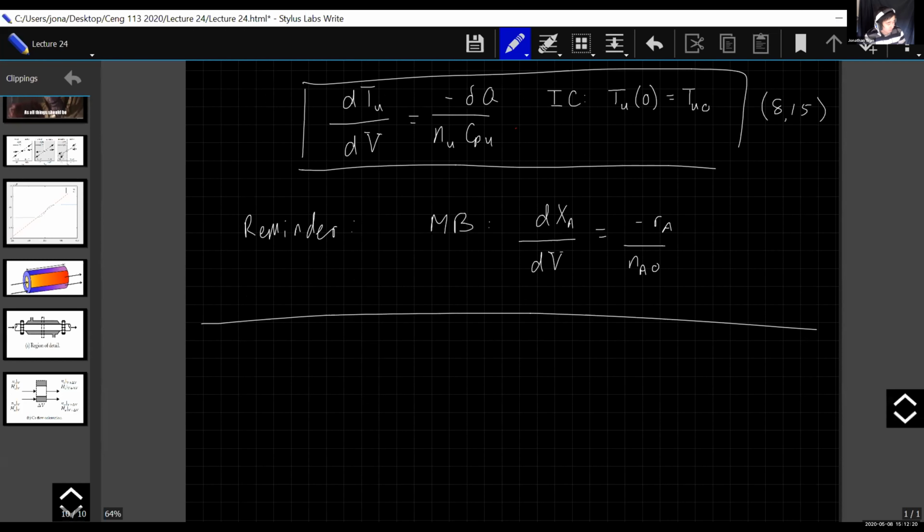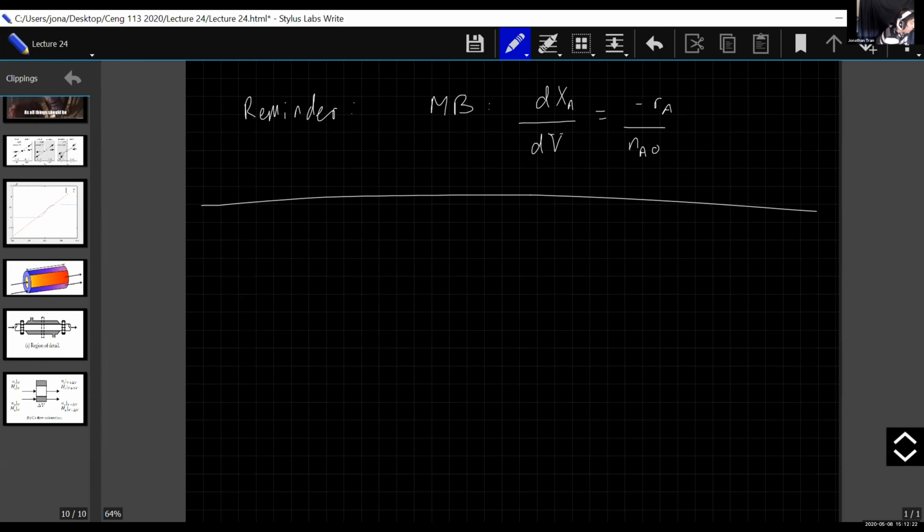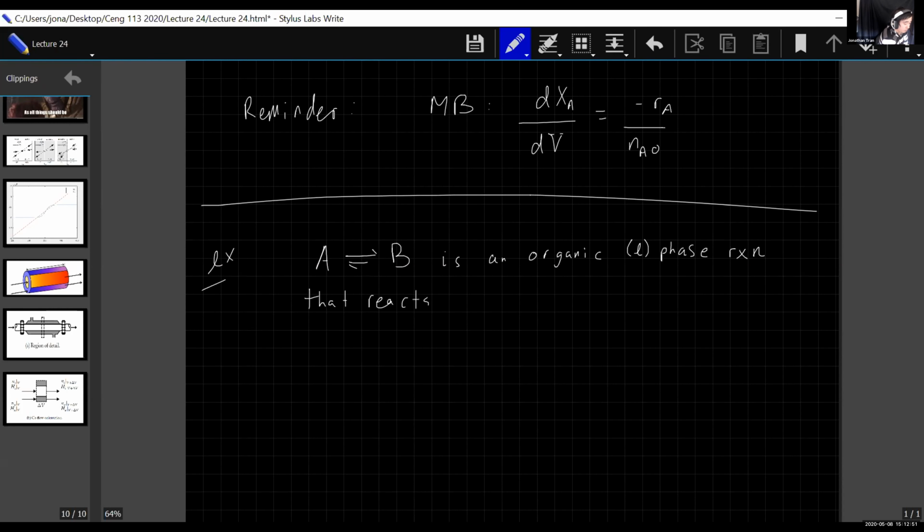Okay. So with that out of the way, we can go through an example here. In our example, we have the reaction A goes to B, given as an organic liquid phase reaction that reacts in a PFR, a shell and tube PFR specifically.